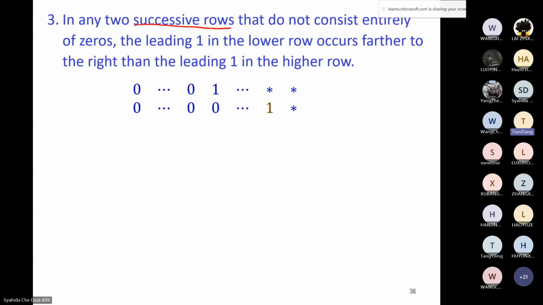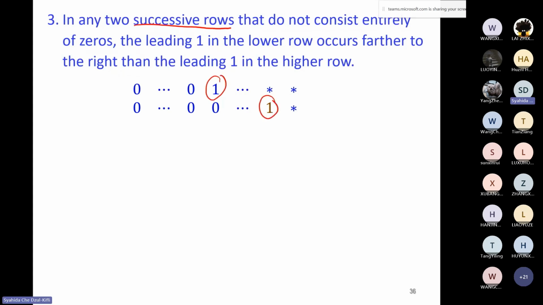Yeah, doctor. Okay. If we have two successive rows and these two rows do not consist entirely of zeros, then they must have a leading one, right?